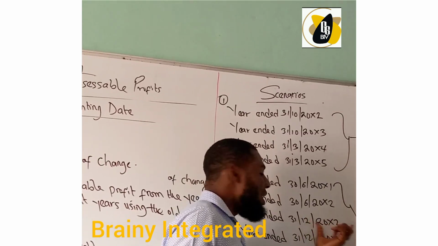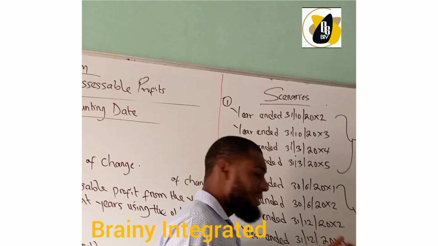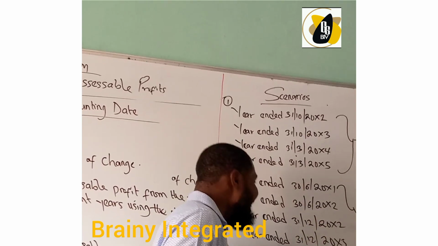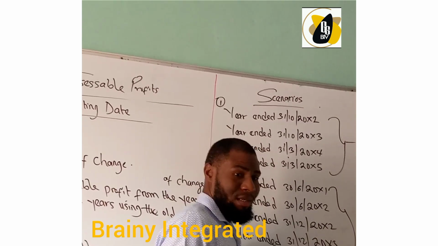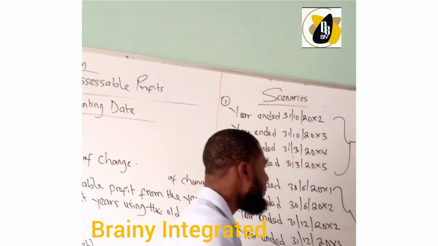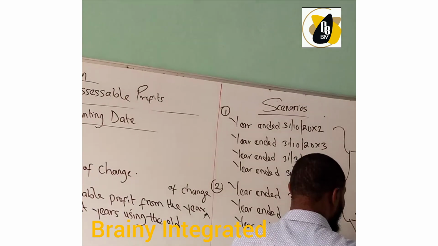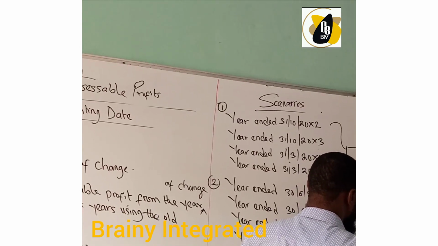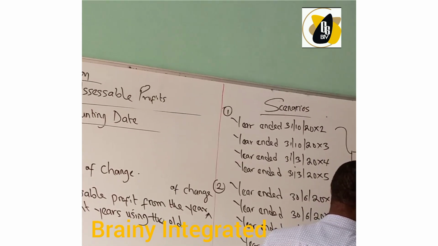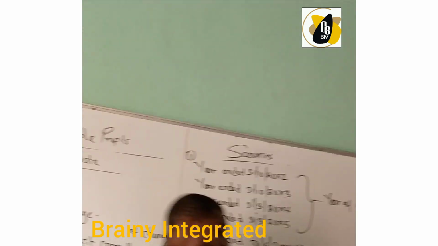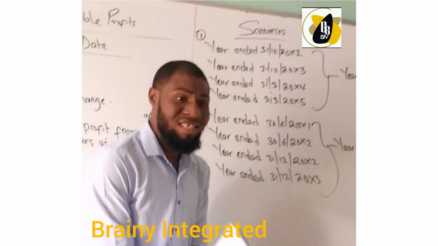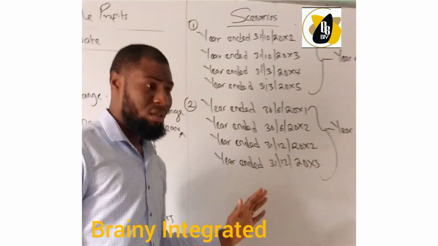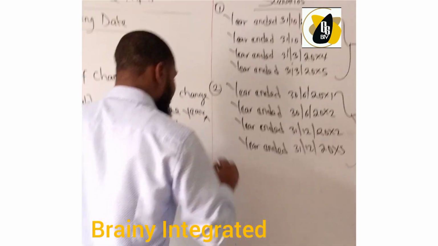So you cannot pick 20x2 as the year of change. So the year of change in this scenario is what? 20x3. Do you understand? The reason I'm doing all this is because if you miss the year of change, you have missed everything.